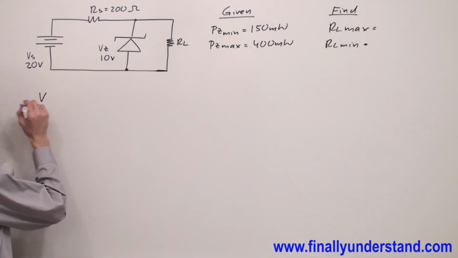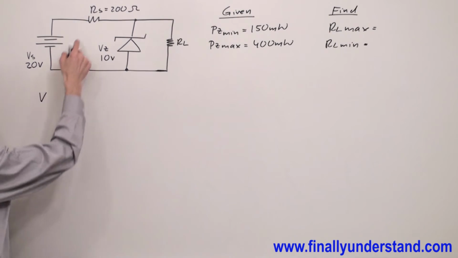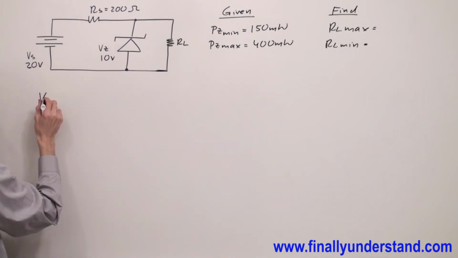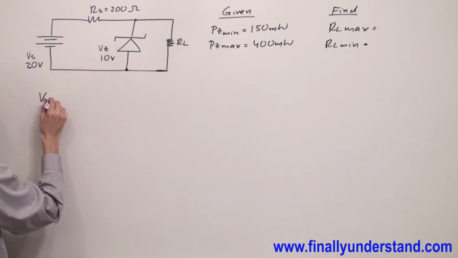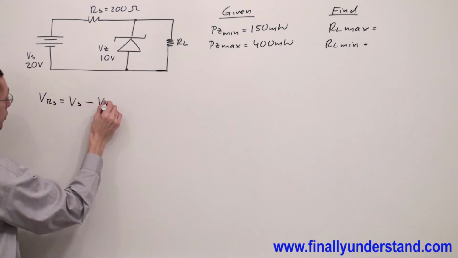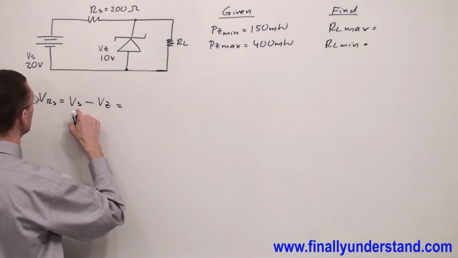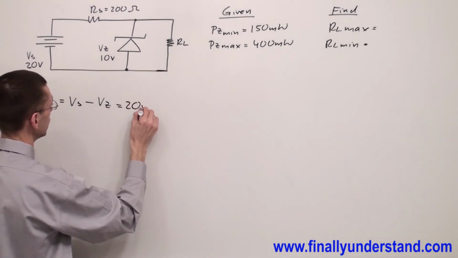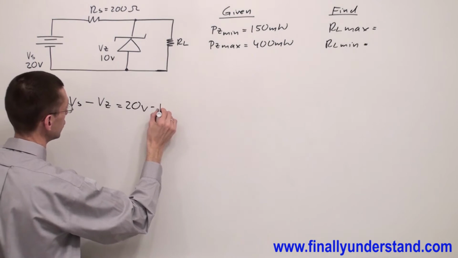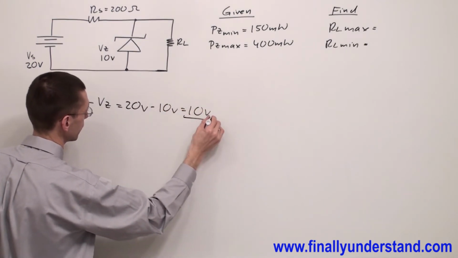So I'm going to use KVL to find this voltage, which says voltage RS is equal to the voltage source minus the Zener voltage, which is 20 volts minus 10 volts, equals 10 volts.